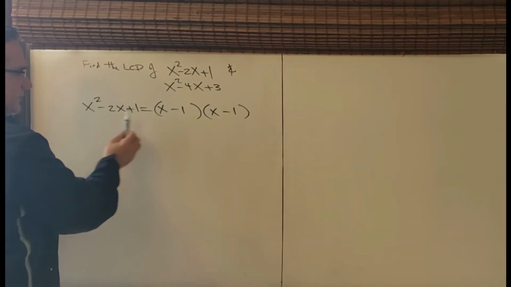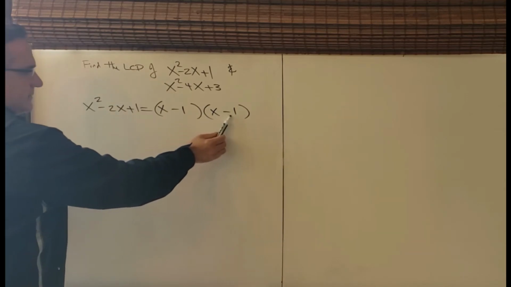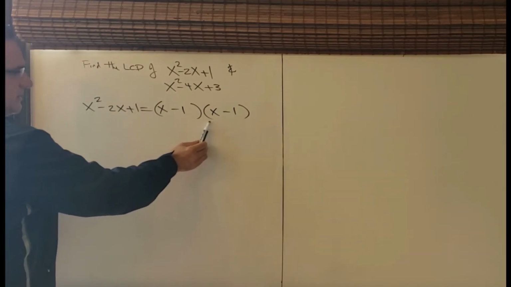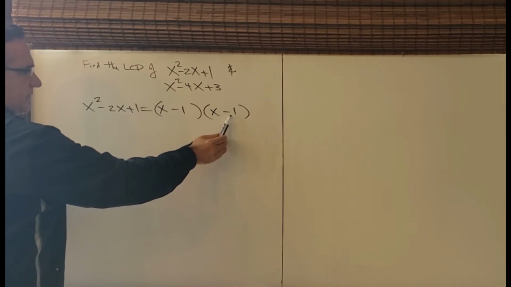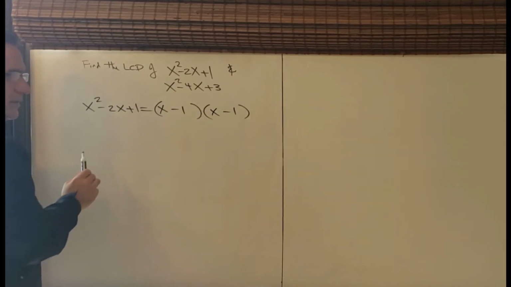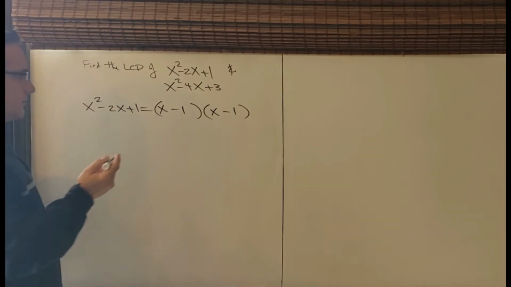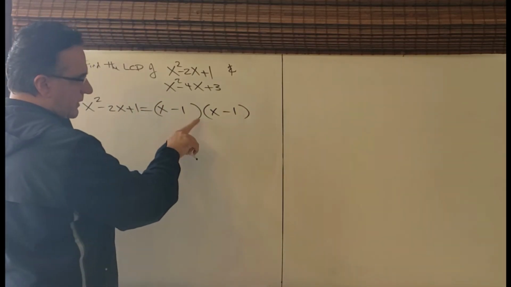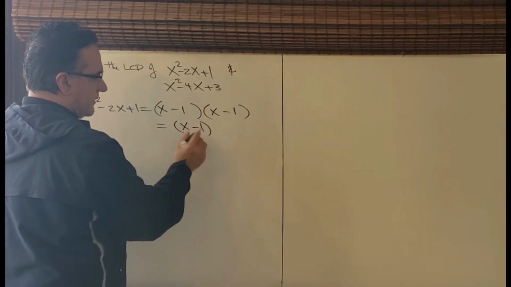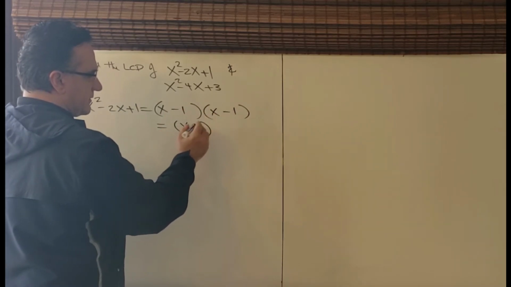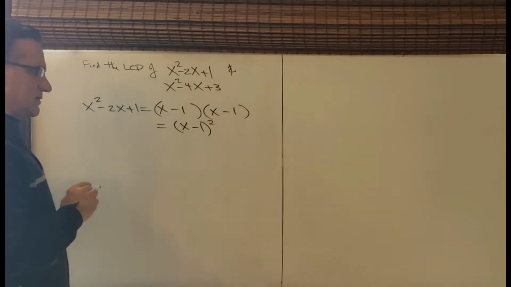Notice first times first is first, last times last is last, and the inner product, which is negative 1x, and the outer product, which is also negative 1x, combine to give you the middle term. So that's how you know you've done it correctly. But when you get a situation like this, make sure you write it as a power if the factors are both the same, and you end up with x minus 1 squared.